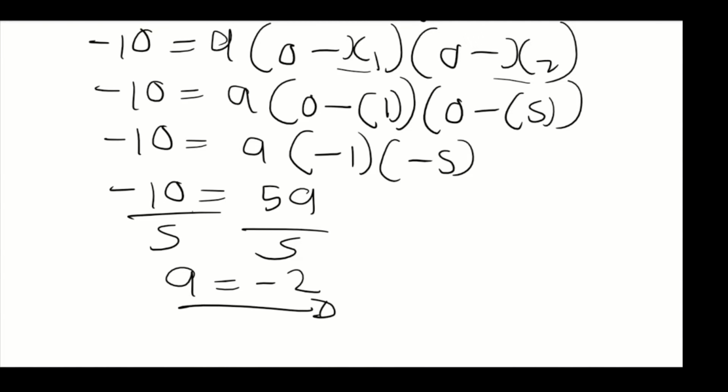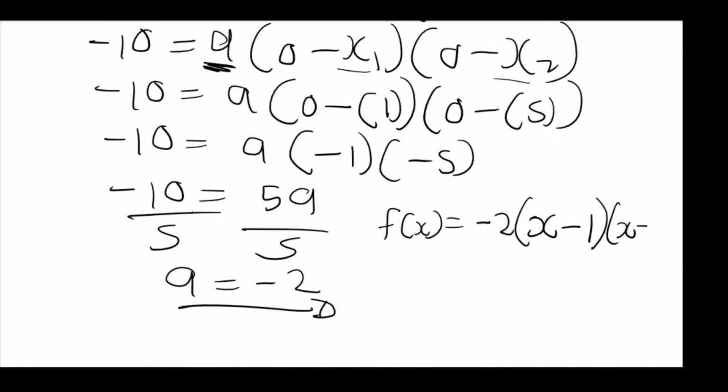So this is our a value, so we're going to substitute the a value here. So we're going to have f of x equals our a value, which is minus 2, into x minus our intercept, which is 1, and x minus our intercept, which is 5. So this is the equation.